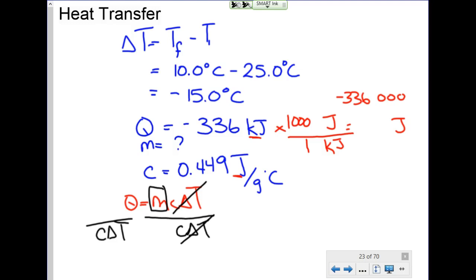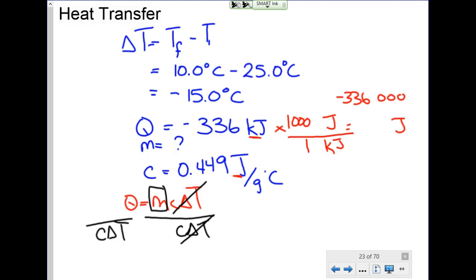if I multiply 0.449 times negative 15, I get the number negative 6.735. These are all the units that come together when I multiply this times this. Can you see something that's going to divide out in the units? Celsius.